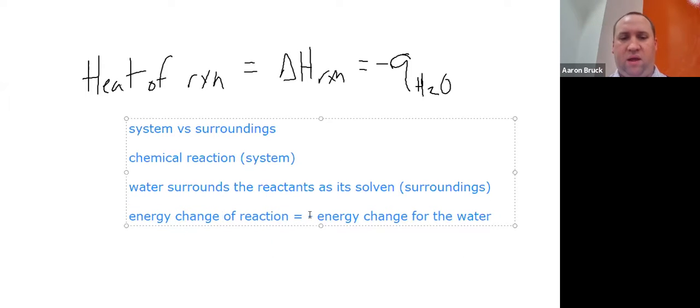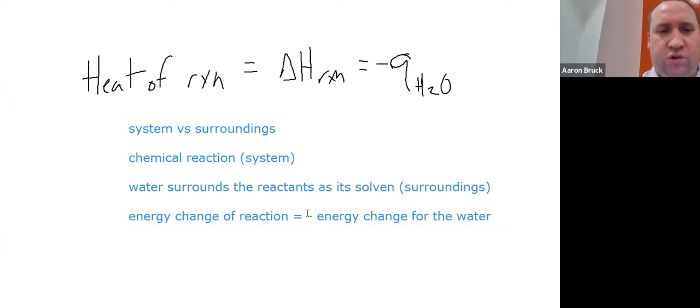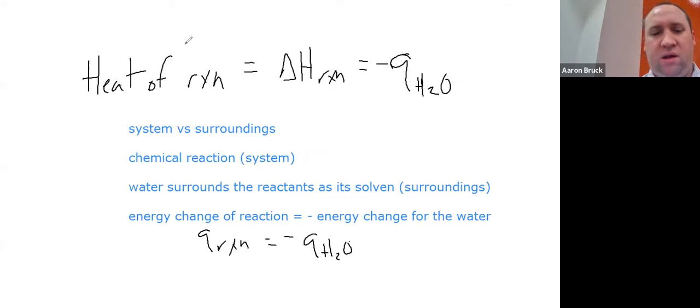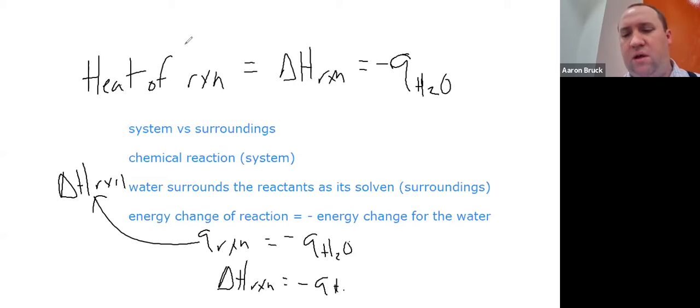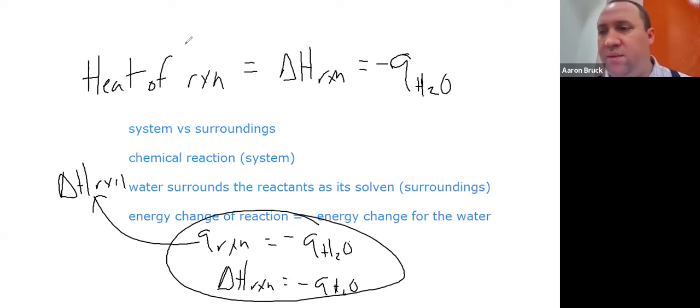And so the energy change of the reaction, which would be the Q of the reaction, is equal to the opposite of the Q of the water. Since Q of reaction is the same as delta H of reaction, if we are at constant pressure, the delta H of reaction, the enthalpy of that reaction, is also equal to the opposite of the heat transfer for the water.